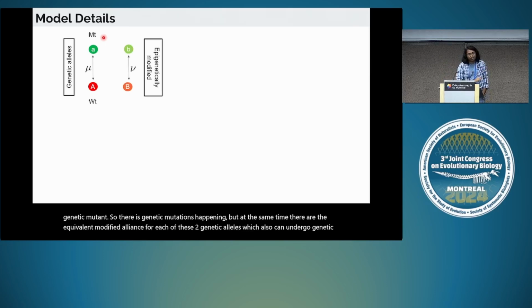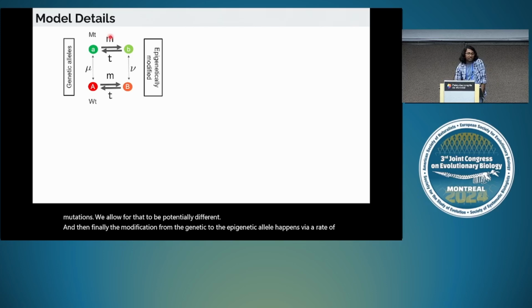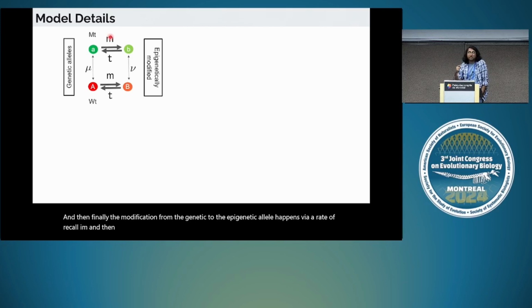We allow for those to be potentially different. Then the modification from the genetic to the epigenetic allele happens at a rate we call m. And during vertical transmission, a lot of these epigenetic modifications can be lost, and therefore we have a reset probability t as well.